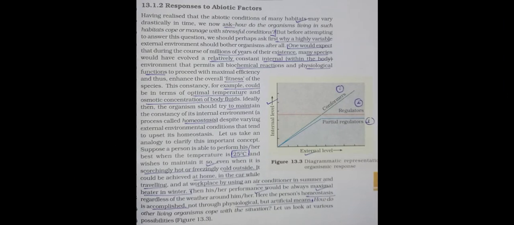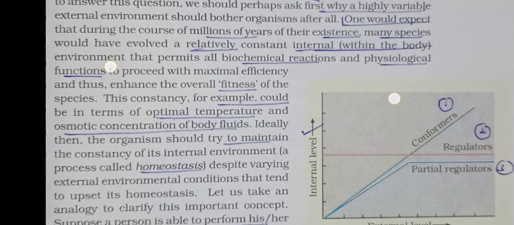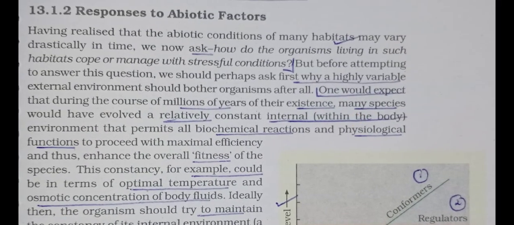So this question is completed here, and now we will talk about this question from the textbook. See, in your textbook there is a question: responses to the abiotic factors.